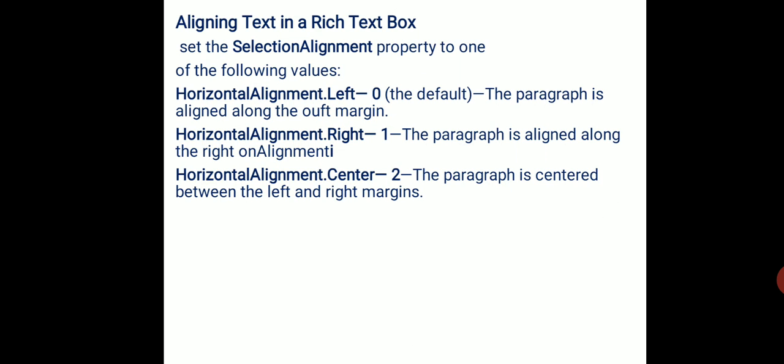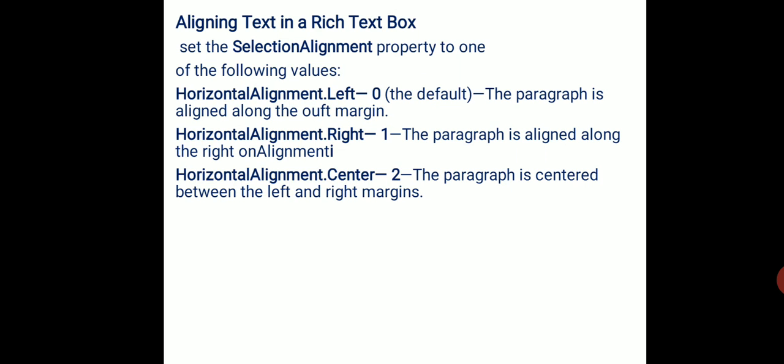Aligning text in a rich text box. First of all, you can set the SelectionAlignment property of the rich text box to one of the following values to align text. First one is HorizontalAlignment.Left. This is the default.